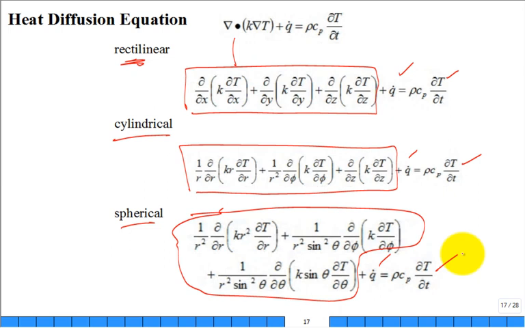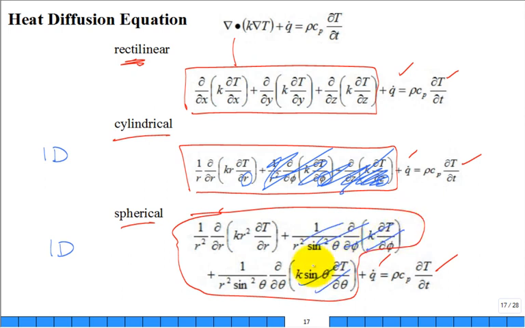Now again, I said that we are only going to do 1D radial. So if it's only a function of r, not a function of phi or z, those terms go away. Likewise, in spherical, temperature is only a function of r, not a function of theta or phi. Those terms drop out.